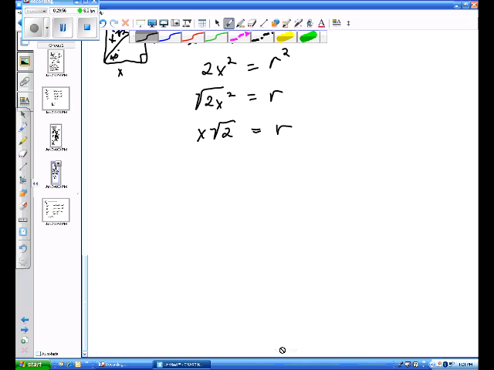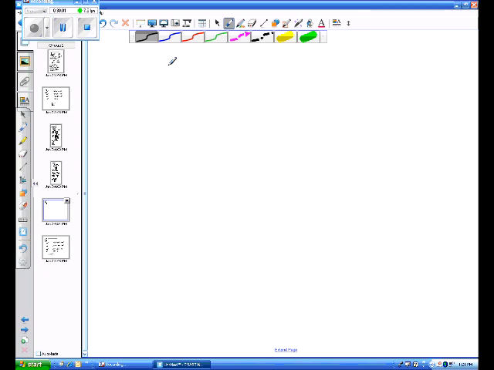So let's say that we have a triangle. We're told that this is 45 degrees, and it's a right angle, so this other one has to be 45, even if we're not told. And let's just say we're told what one of our sides is, that this side is 3.